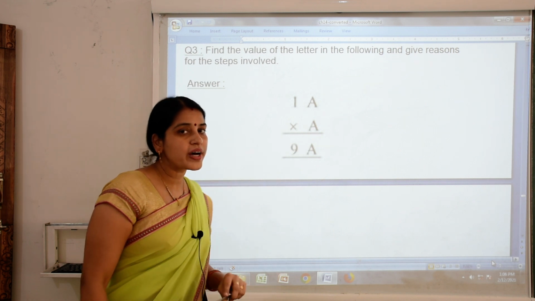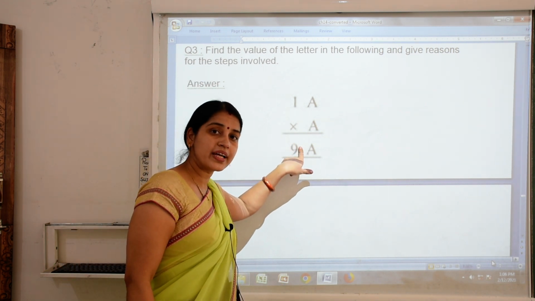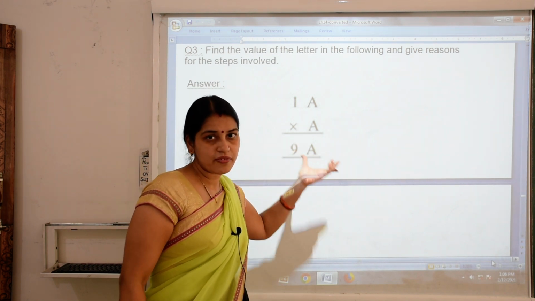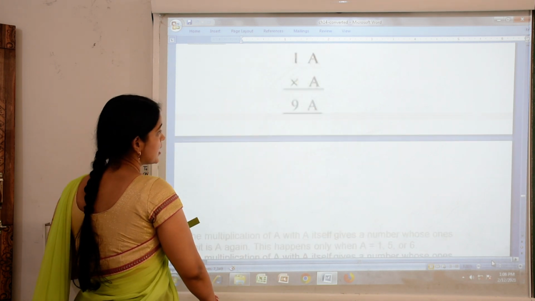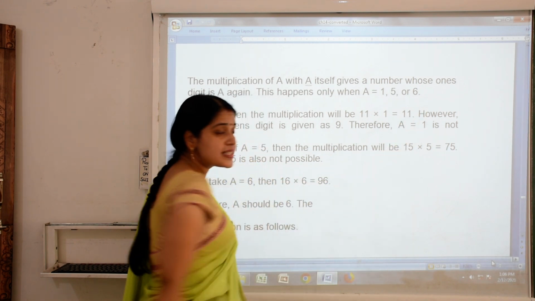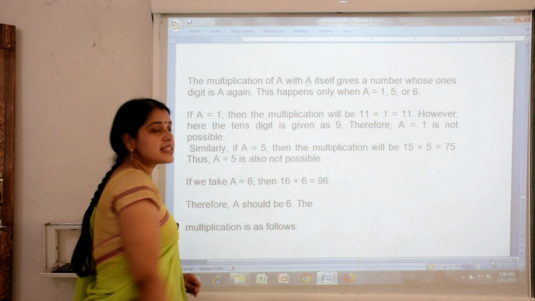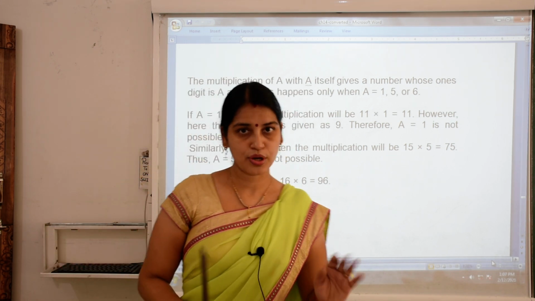So 11 into 1. We know 11 into 1 comes to 11, but here you have been given 9. So is a equal to 1 possible? No, it is not possible, because we are getting 11 into 1 as 11. Here the tens digit is already given as 9. That's why a equal to 1 is not possible.